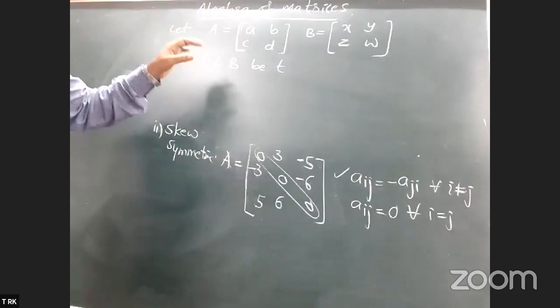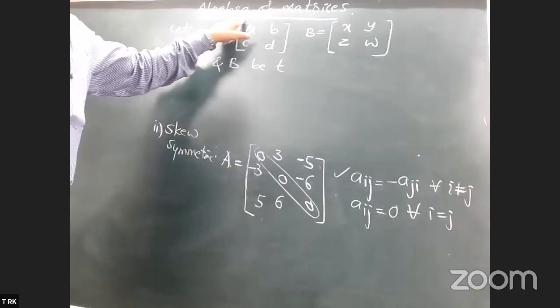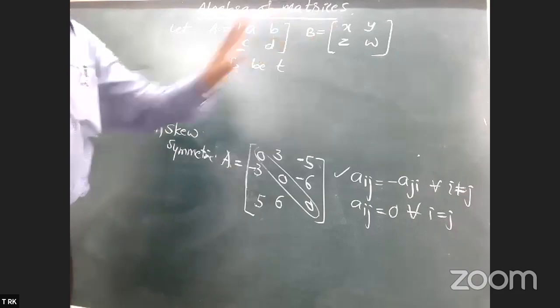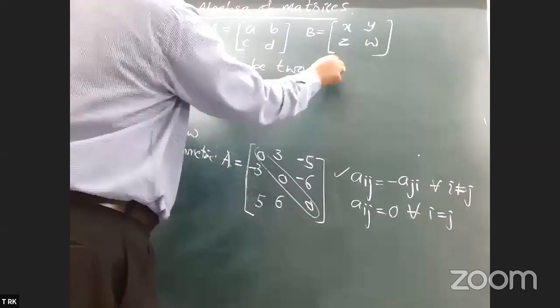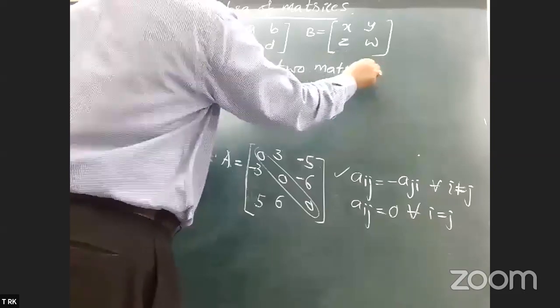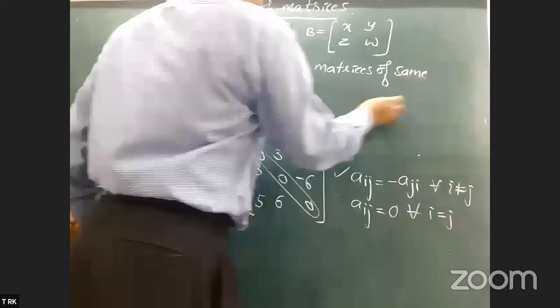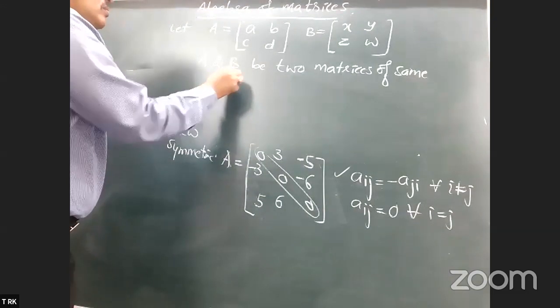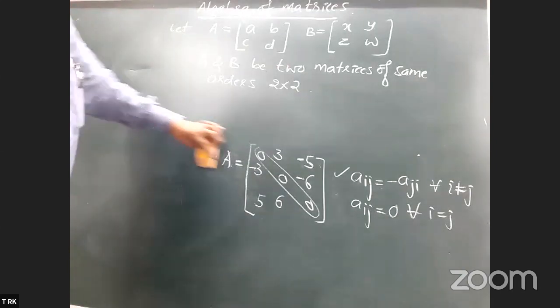In particular, take two matrices of the same order. A is equal to A, B, C, D and B is X, Y, Z, W. A and B, two matrices of the same order, 2 by 2.